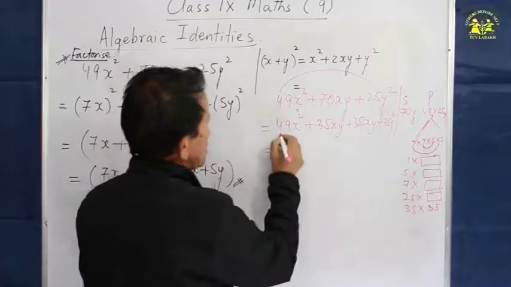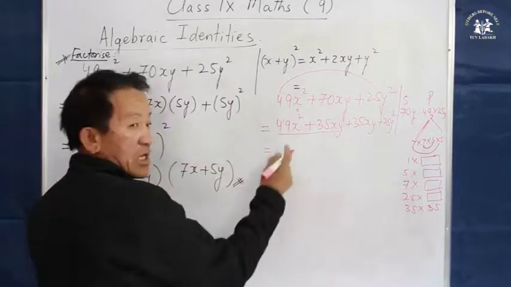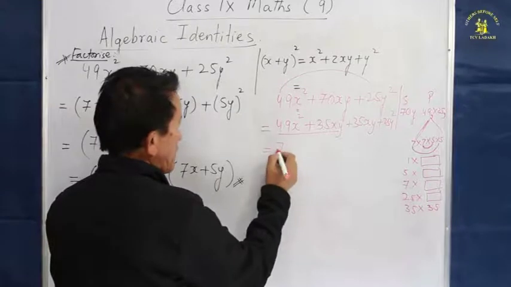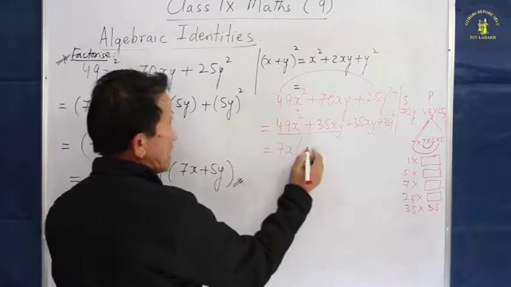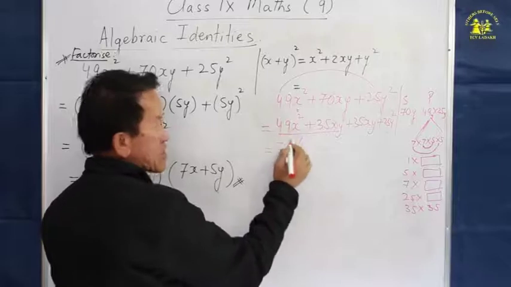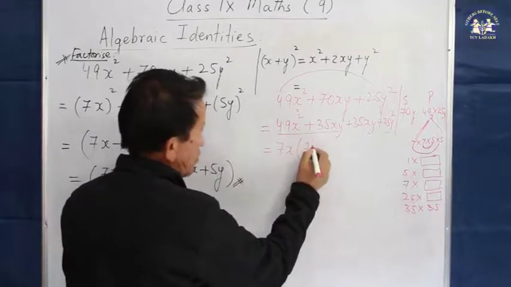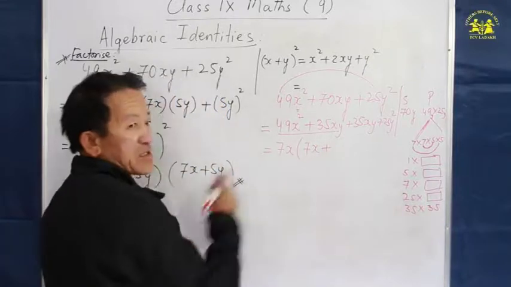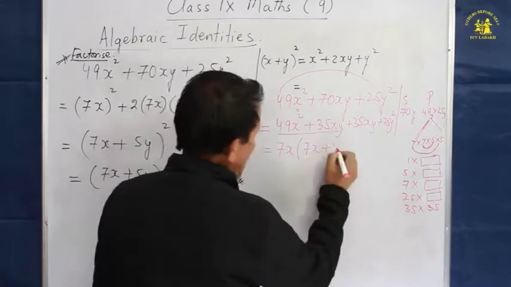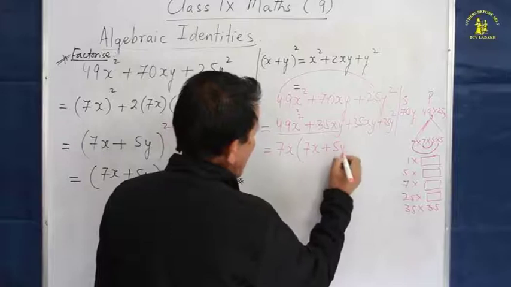In the first two terms, 7 is a common factor and x is also a common factor, so 7x. What will be left? 49 is 7 into 7, so 7 is left, and x is left. 35 is 7 fives, so 5 is left, 5y.